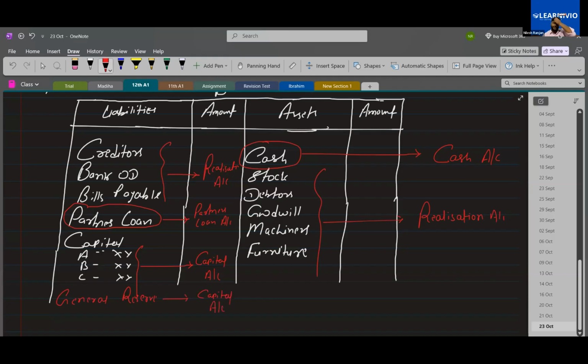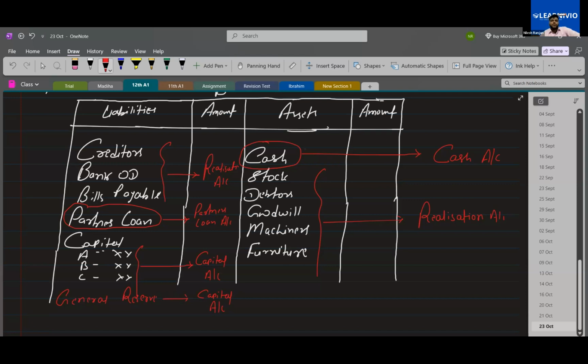So partners loan has a separate account. Capital has a separate account. General reserve will be transferred to the capital account. Cash will be transferred to the cash account. All other assets and liabilities will go to the realization account.